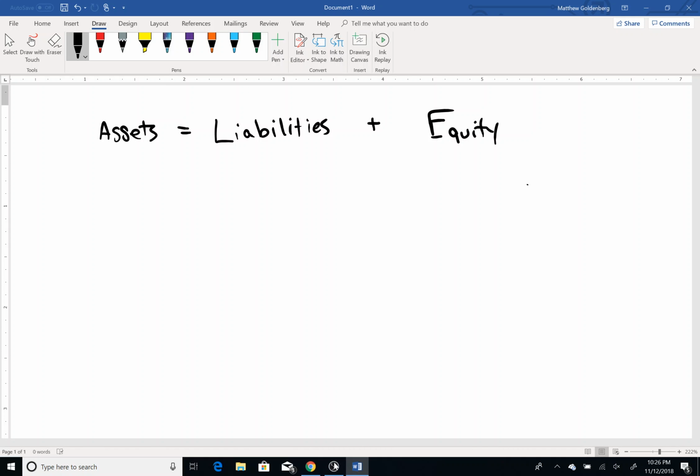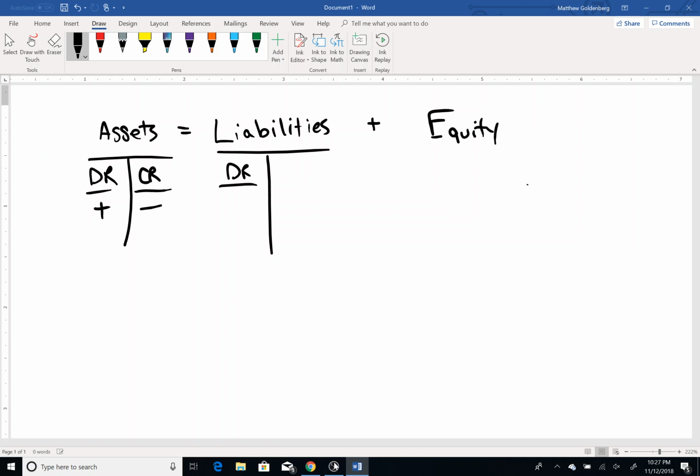And let me draw it full out for y'all because I think that will help you memorize it. And liabilities, you have debit on left and this is minus, credit on right, this is plus, and equity you have two.